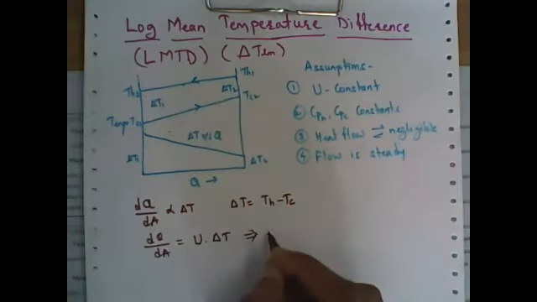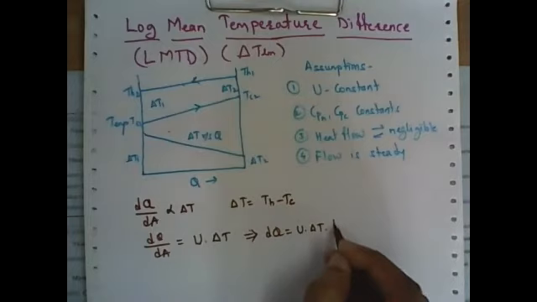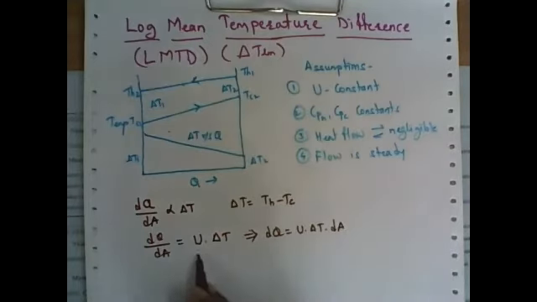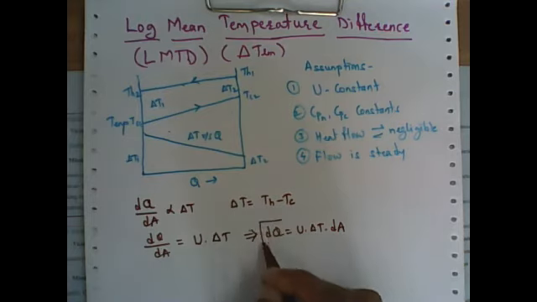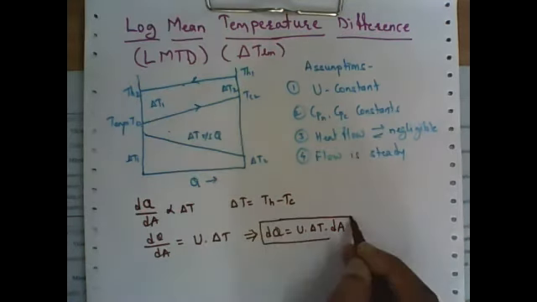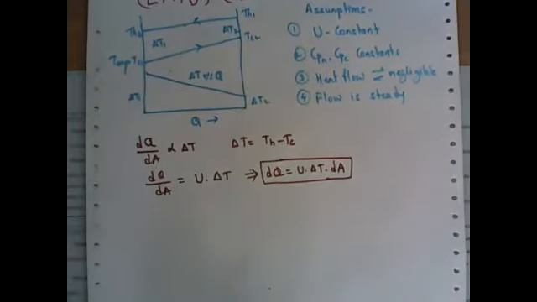By rearranging this equation, we can write dQ is equal to U delta T dA, multiplying dA to the right hand side. This is one of the equations for the rate of heat transfer in terms of the overall heat transfer coefficient, right?